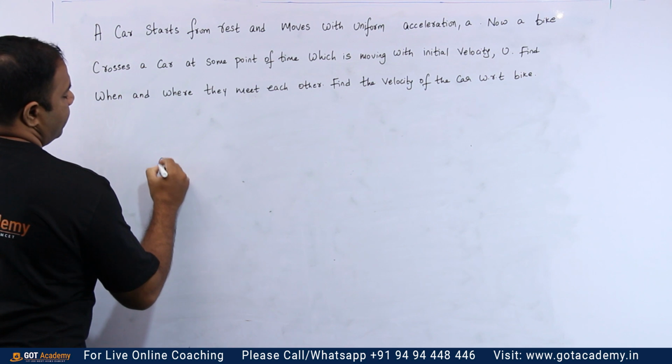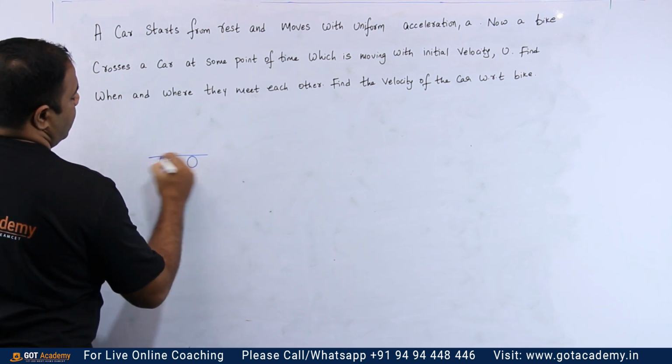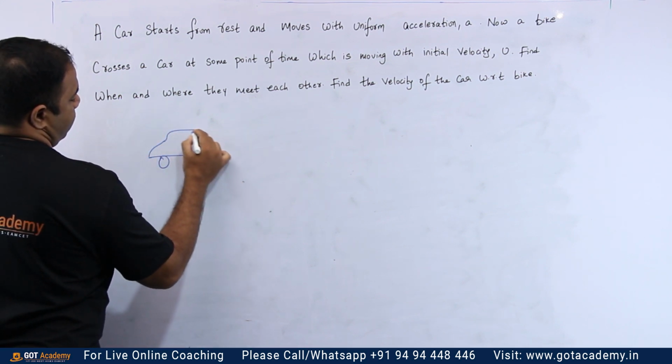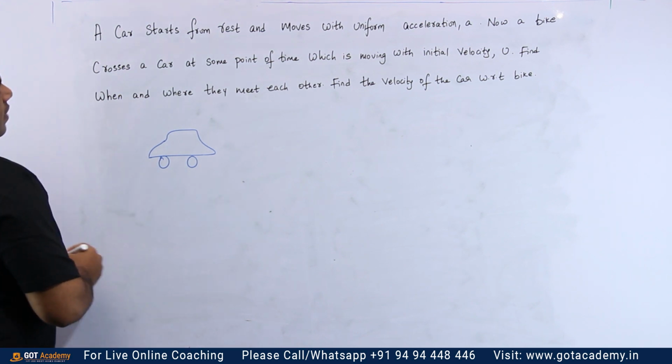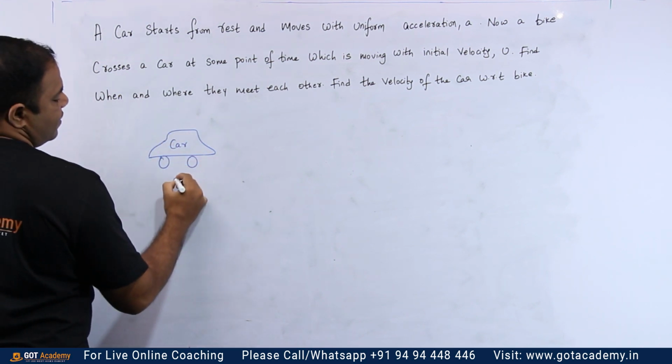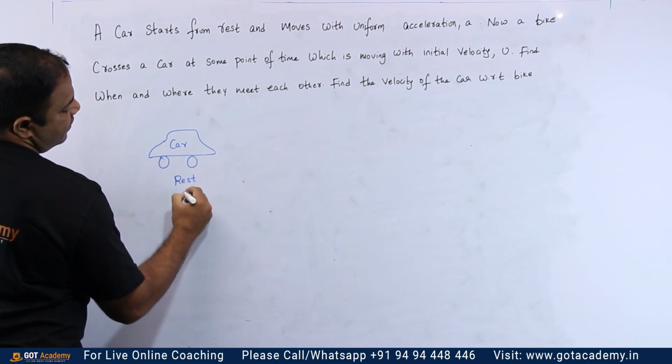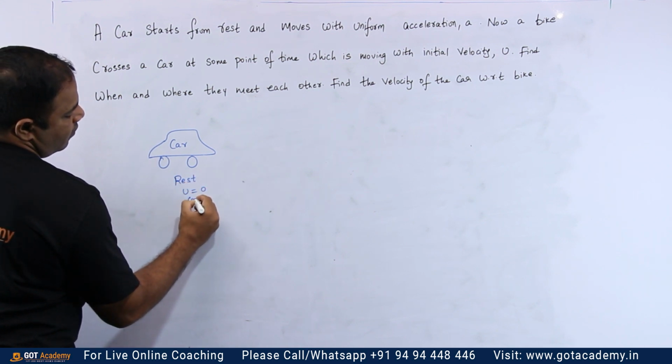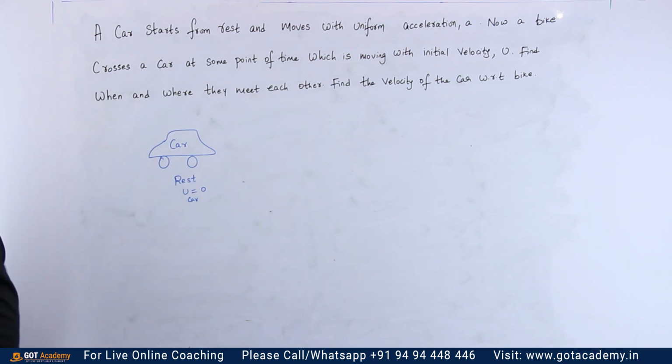So you have to draw a car. Let me say this is a car. It starts from rest, so its initial velocity u equals 0. This is the data given.